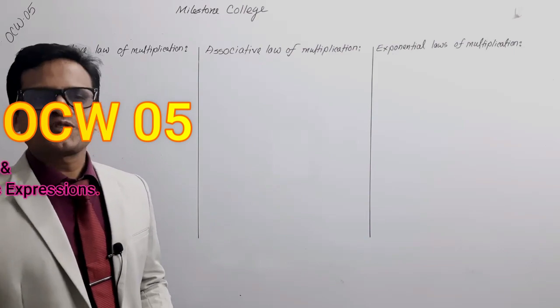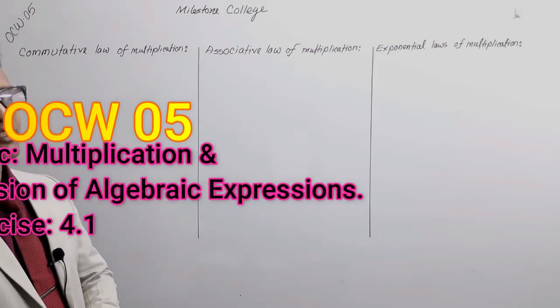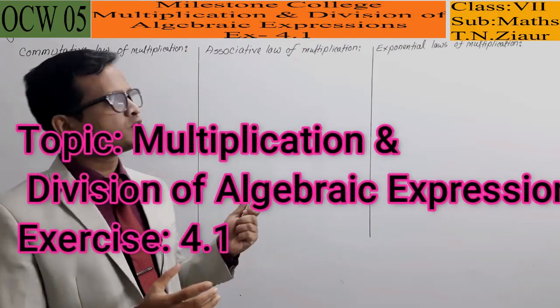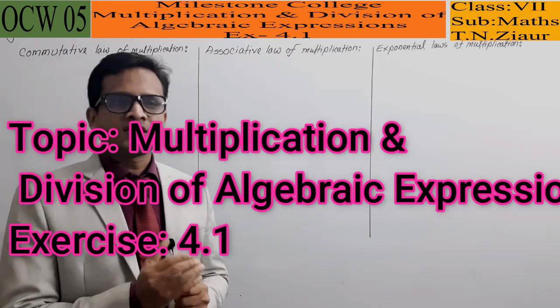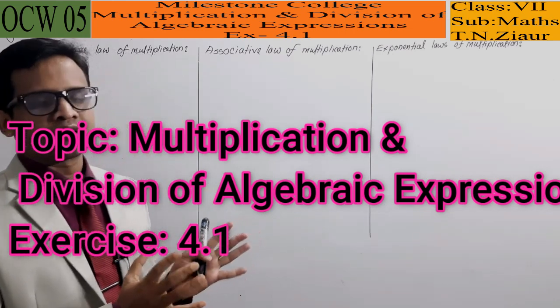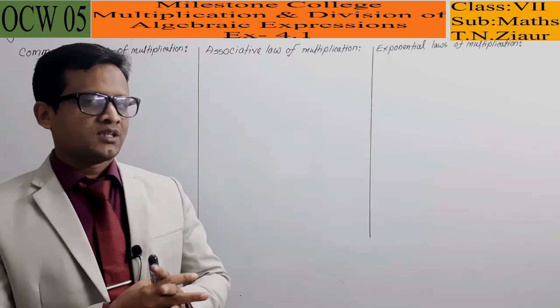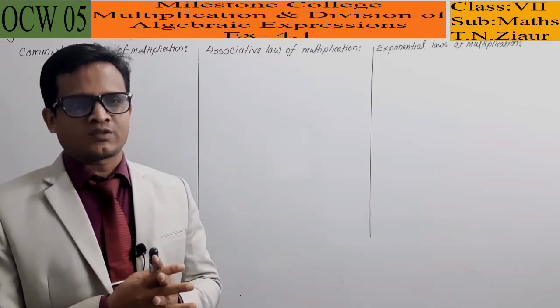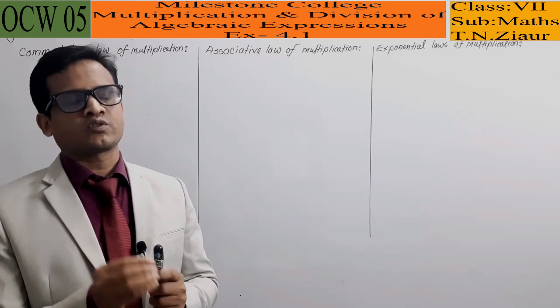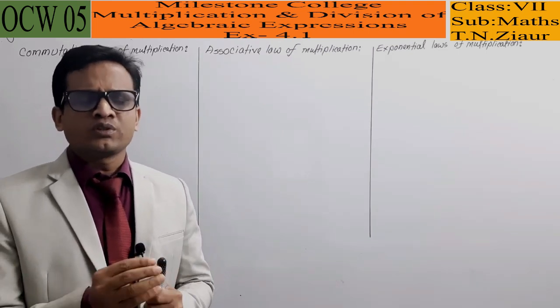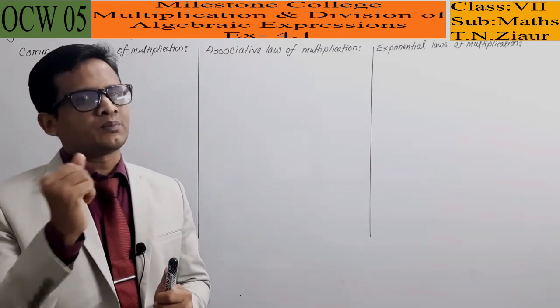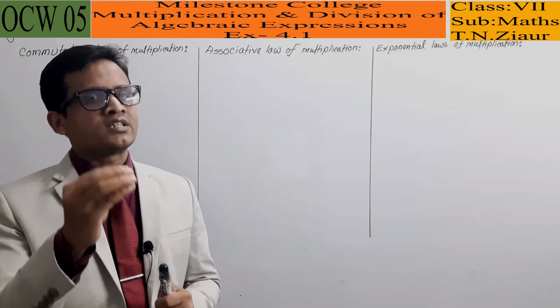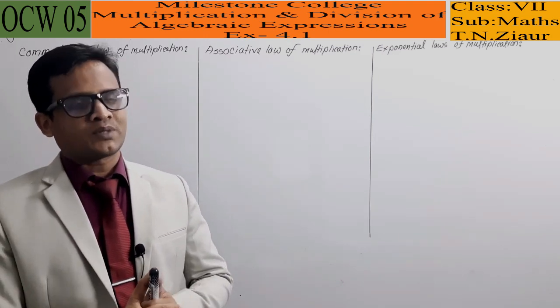Okay, my dear students, today's CW number is 5 and today's topic is multiplication and division of algebraic expression in chapter 4, but we will solve today's exercise 4.1. So you know the students the 4 operational signs in mathematics, which are addition, subtraction, multiplication and division. So you know the division is the inverse of multiplication and addition is the inverse of subtraction, right?